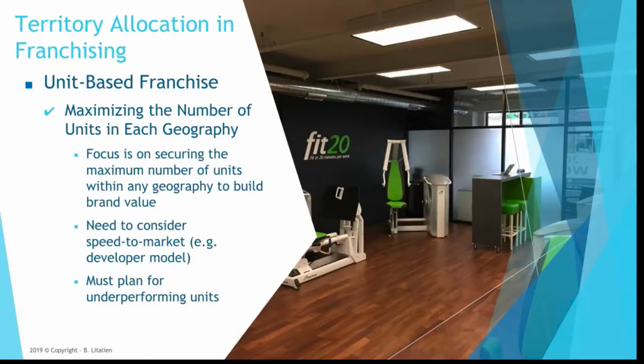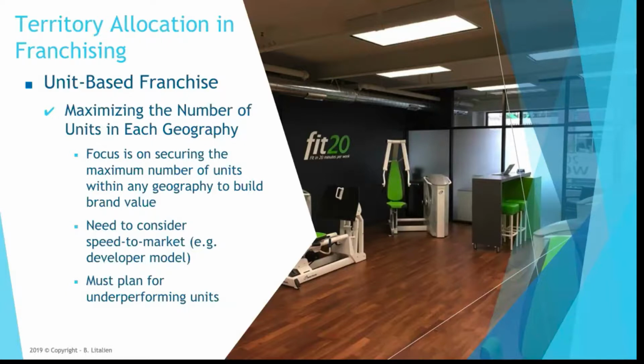It also might be based on how quickly we want to develop a market. Again, this is going to require using different types of franchise models like area developer, regional developer, etc., even area representative. And when you're using unit-based as a franchise territory allocation model, you also must plan for underperformance.